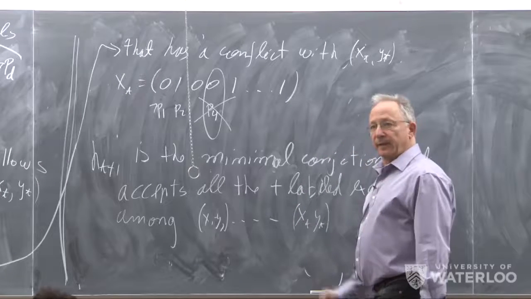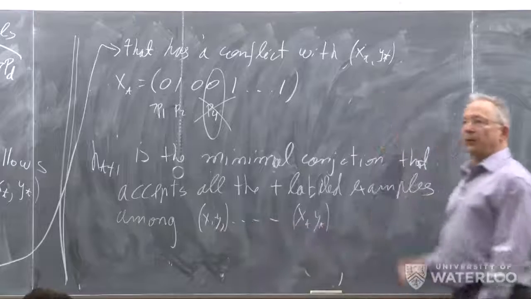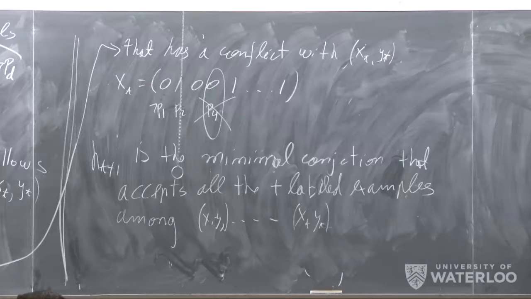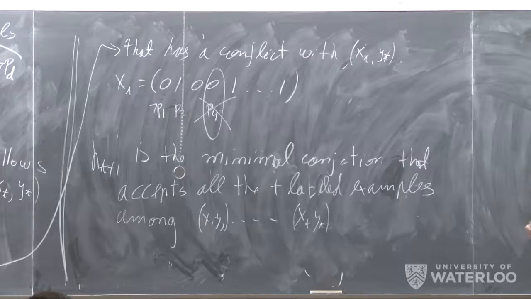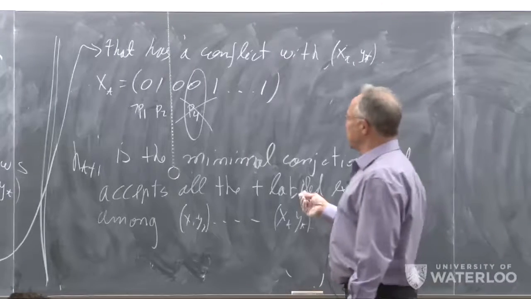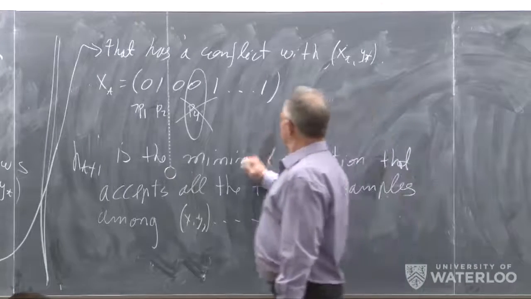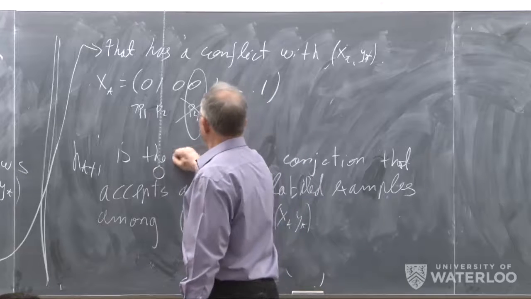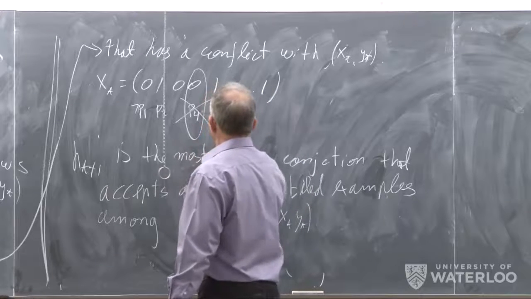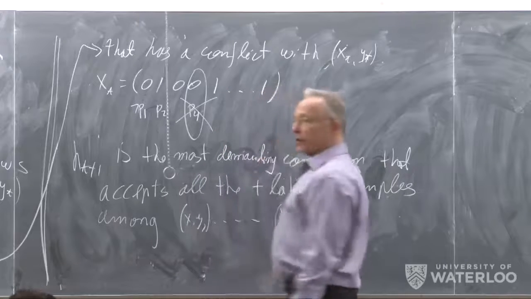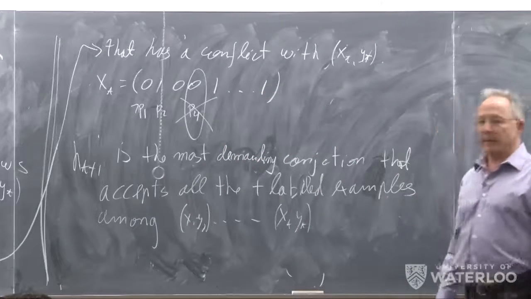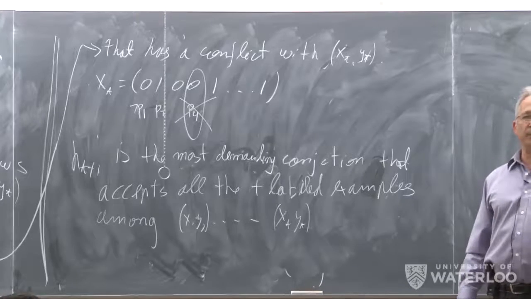So at step t, I make sure that I'm doing well on the first t examples. And each time I'm taking the minimum, I'm just taking the most demanding. It's not the minimal conjunction, say, write it like this, the most demanding conjunction that accepts everything that's labeled plus so far.